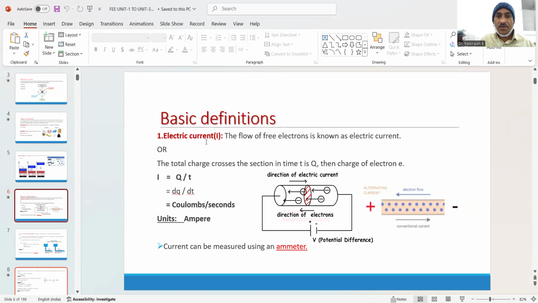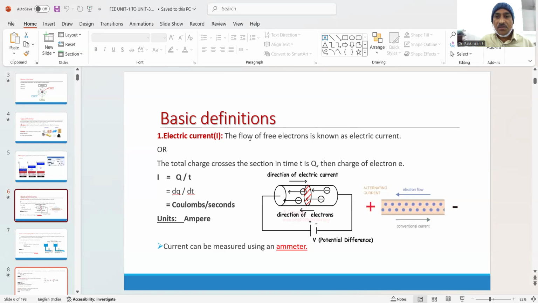First, we will go with the definition of the current. We also call it electric current, represented with the letter I, which means the rate of flow of charge carriers is called current.